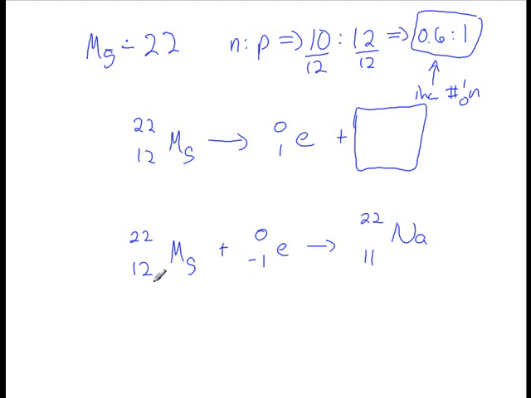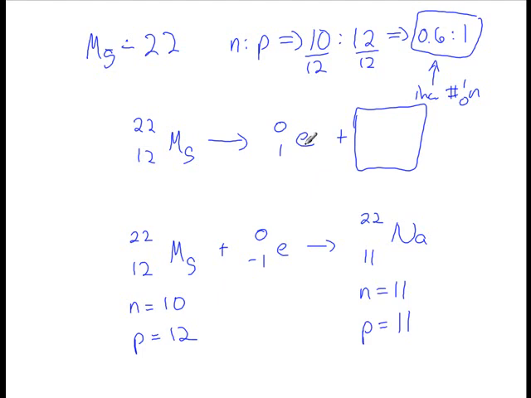So what we see here is that we have a neutron count of 10 and a proton count of 12. And at the end, we have an equal number of protons and neutrons. So during this electron capture process, we're increasing the number of neutrons by 1 and decreasing the number of protons by 1.